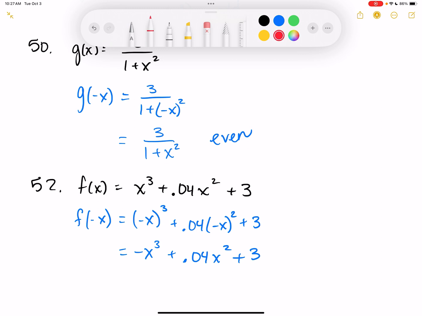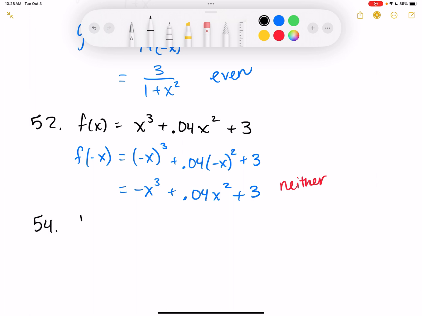So because they're different, it's neither. If they had both become negative, it would have been odd. If they had both become positive, it would have been even. Because it was one and one, it ends up being neither.